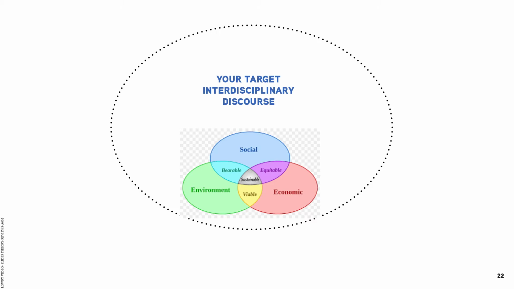Now, if we were to take all of these discourses and intersect them, many would argue this is the discourse of sustainability. So we're looking at three major discipline inputs from a bearability, an equitability, and a viability standpoint in terms of how we do things that are sustainable with the environment, economics, and society in mind.